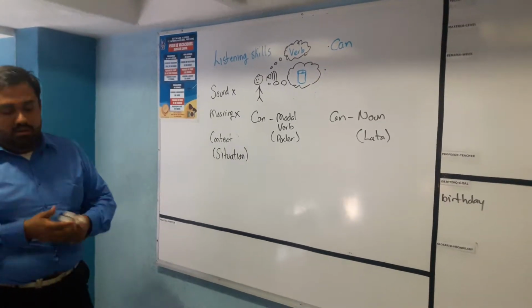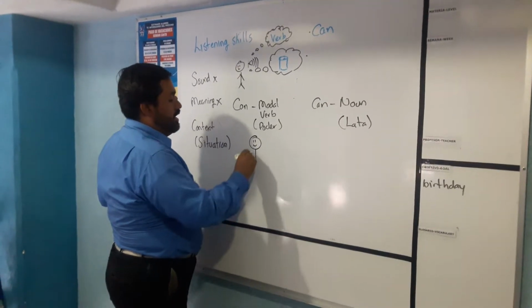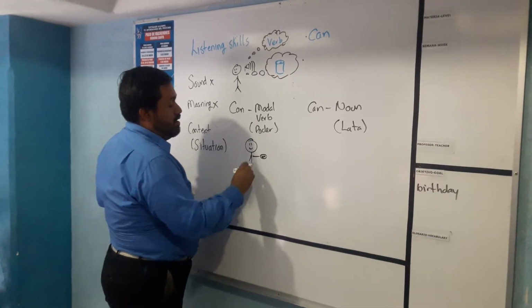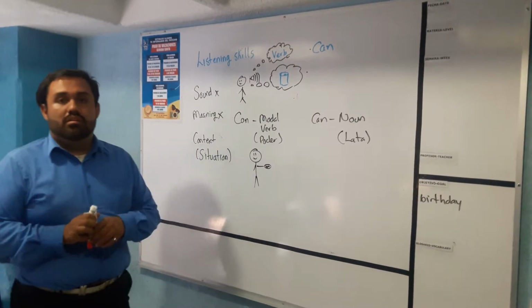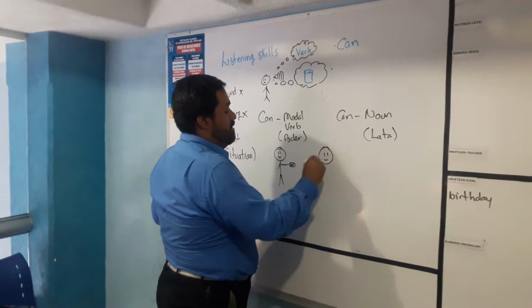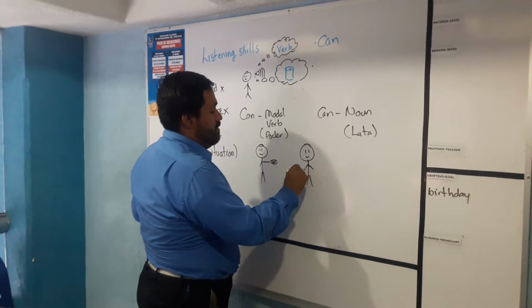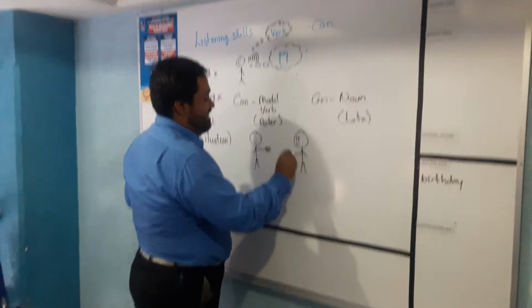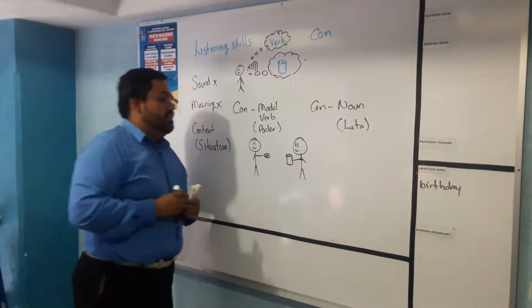So imagine a situation where there is you, and then you are giving a coin. You are in a grocery store, and we have here the other person, and this person is giving you something.